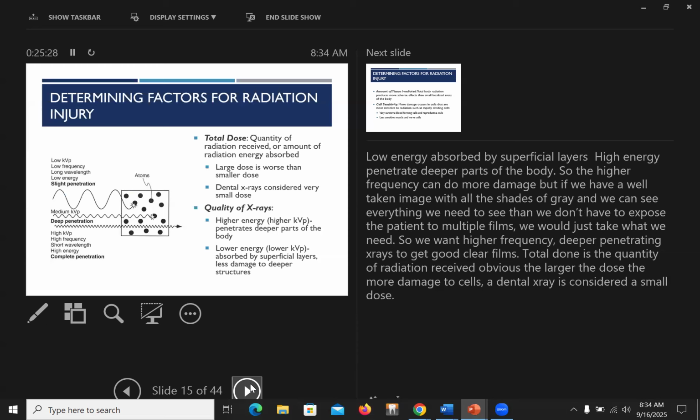Okay, so total dose, determining factors for radiation injury. Your total dose is the quantity of radiation received or the amount of the radiation that's absorbed. Those are different things, and they measure them in different ways. Remember how we talked about an X-ray photon that can come in and go through all the cells with no interaction and then hit the sensor, and you get the full power of the photon hitting the sensor.